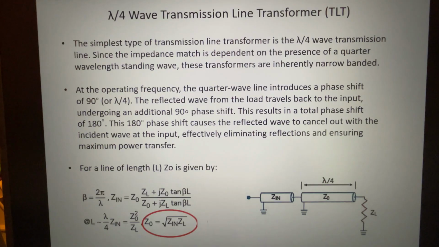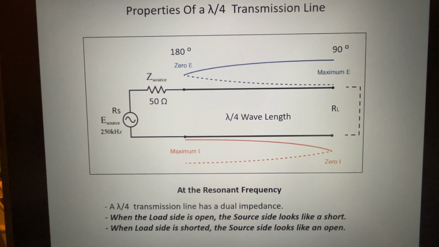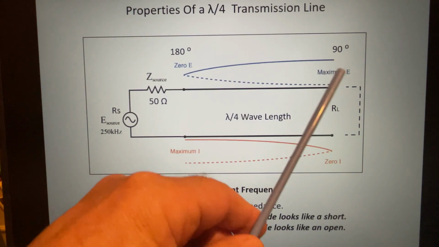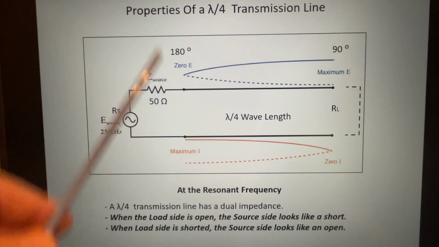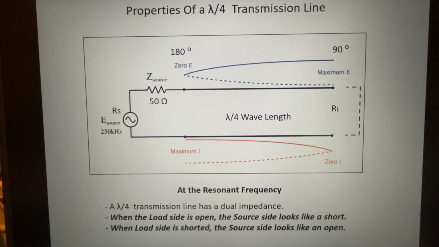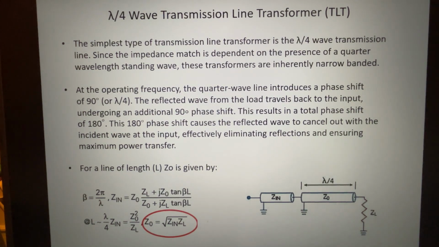So how does it actually operate? I'm just going to jump ahead to this illustration here and show that at a quarter wave we're at 90 degrees, and then the signal reflected back gives us 180 degrees. So just bear that in mind as we go through this slide.